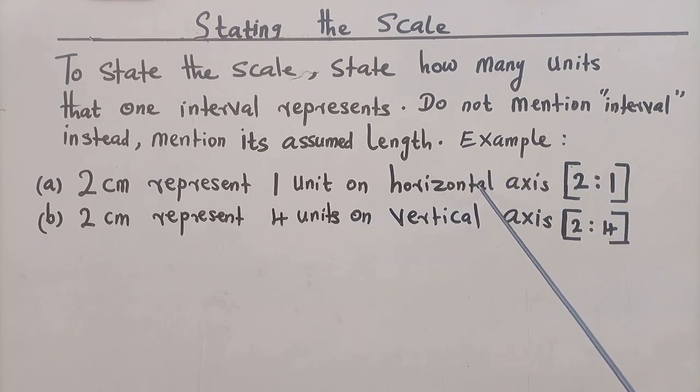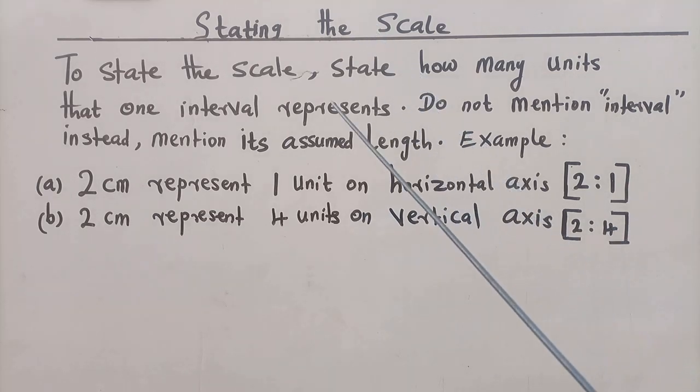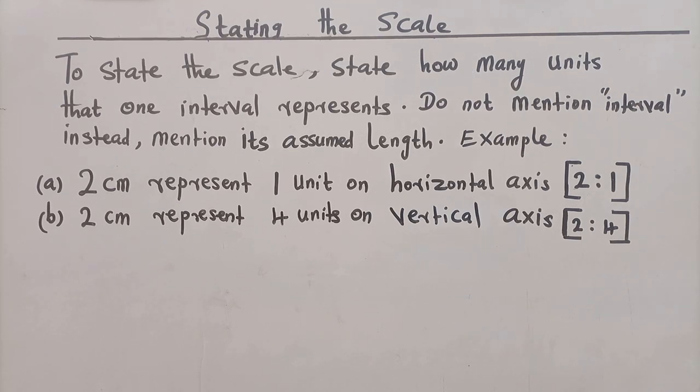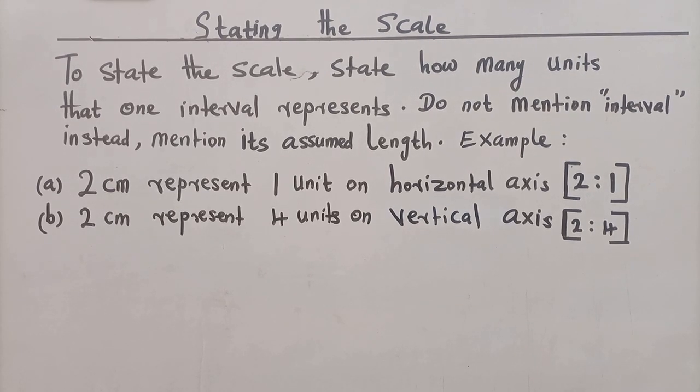That is for this axis. That is 2 cm for 1 unit. Then this is 2 cm for 4 units. This is how to state a scale after choosing it. It is just an example. It is believed that this example is enough for you to learn how to state your scale after choosing it. In practice, you learn more of it.